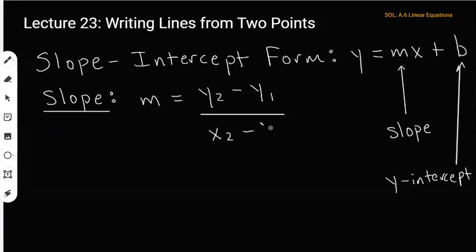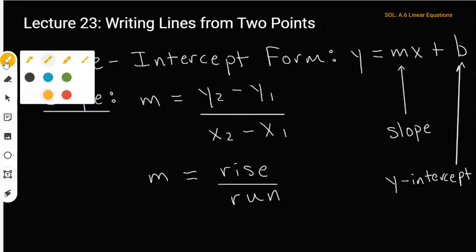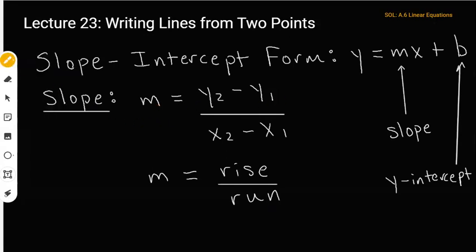So we're always subtracting the y's on top, and we're subtracting the x's on the bottom. That's always going to be the case. Another way you can find slope from 2 points would be rise over run. But for the most part today, we're going to be concentrating on this one.